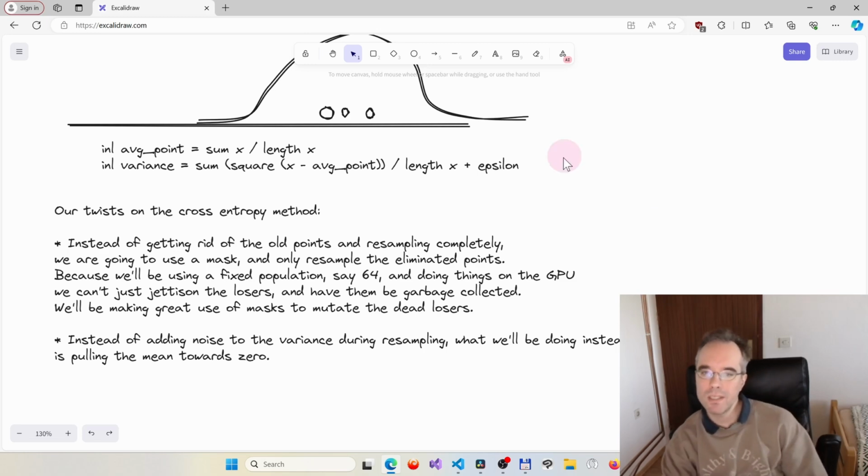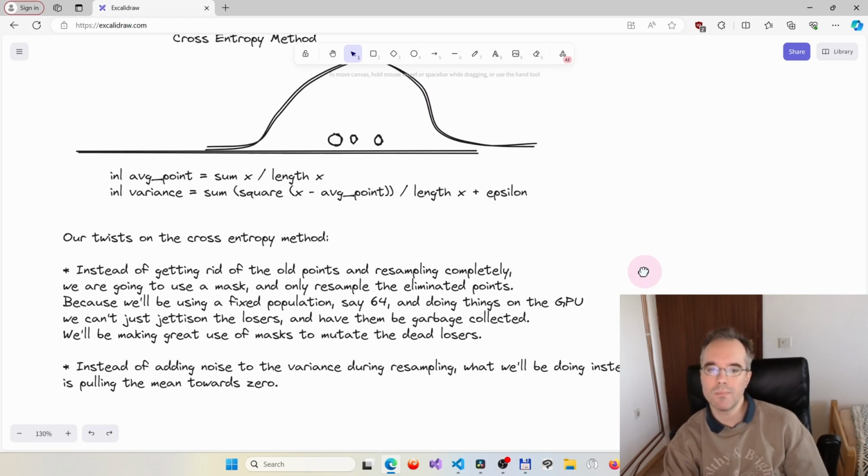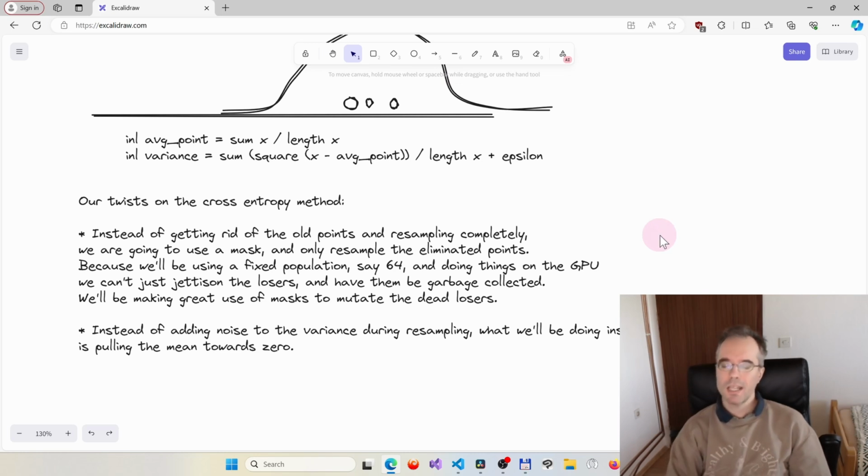Then all the points will lie on this bell curve at around 0, and they'll have a standard deviation of 1. And then we'll mask out all the points below 0.7 or something like that to get the top 20%, or to eliminate the bottom 80%. That's what I mean.